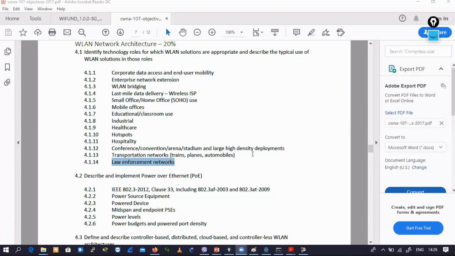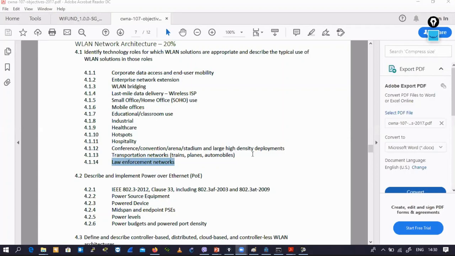Now let's say you create an SSID, and the name of the SSID is Ramesh. Let's take an example. But what about the security parameter? Are you going to configure your SSID with WPA2 personal, which is your pre-shared key, or do you want your SSID configured in WPA2 enterprise, which is 802.1x authentication, or do you want to configure your SSID with layer 3 authentication, which is called web authentication?